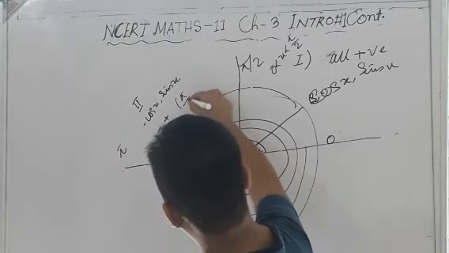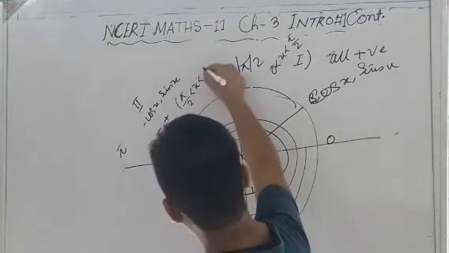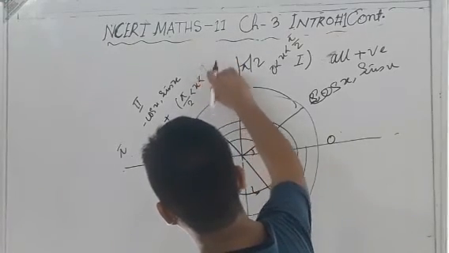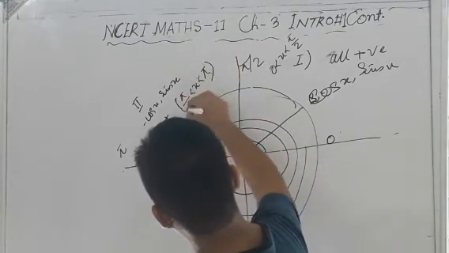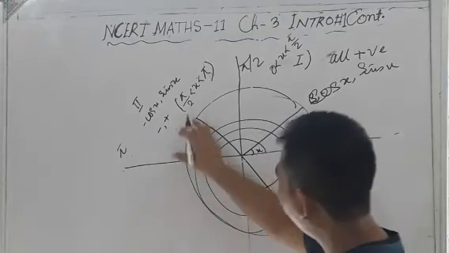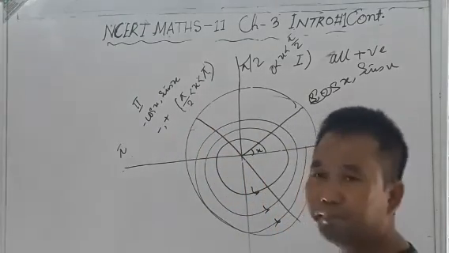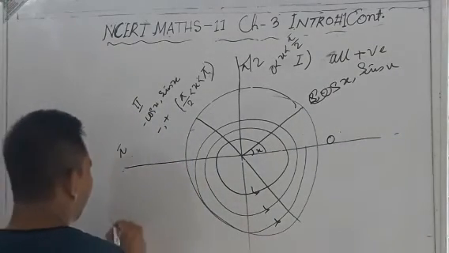What is the condition? Pi by 2 is less than x is less than pi. Correct? That means the value is in between pi by 2 and pi.